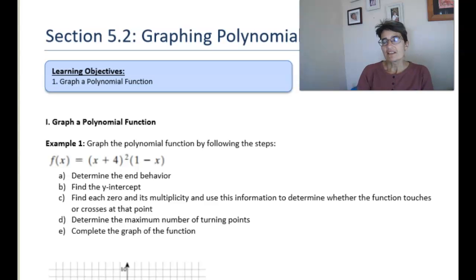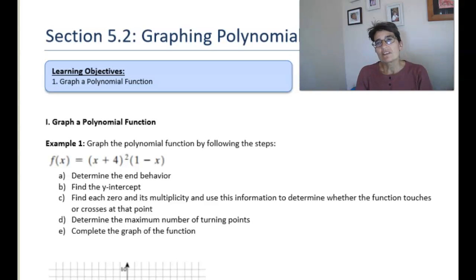Then we want to find some details in the middle. So what's happening in the middle of the polynomial? We want to find things like y-intercepts. We also want to find the zeros of the function, and the real zeros of the function are the x-intercepts. We find the multiplicity of each real zero because that will tell us whether the function is crossing through that x-intercept. Is it crossing like a straight line, or is it crossing like an S? Or is it bouncing and coming up again, or bouncing and coming down again?